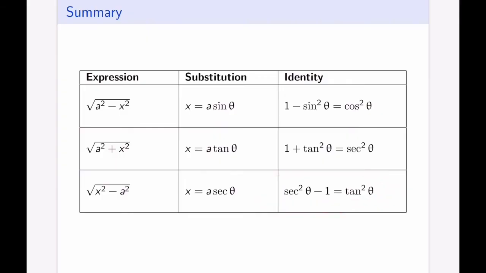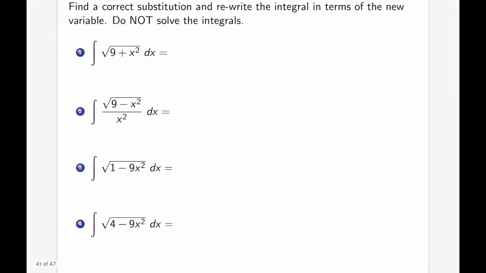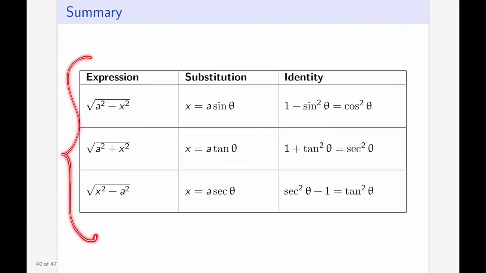This takes just a little bit of practice to really get a handle on it. So what I strongly recommend is that you pause the video here and take a look at these integrals and come up with the correct substitution using this table. Don't solve an integral, that's a whole other process, and again, it's always going to be a lengthy one, but the first step is key, using the right substitution.